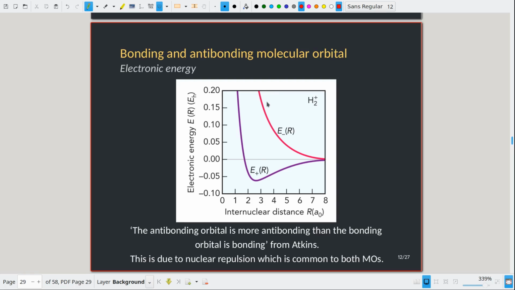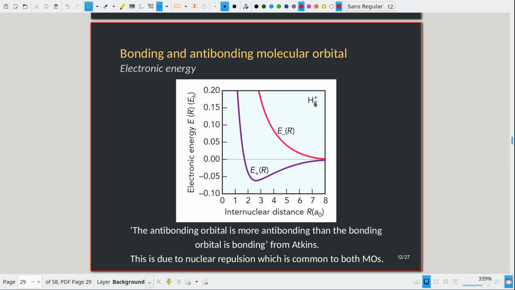But in the case of the antibonding molecular orbital, the electronic energy shows no minimum. So this is always positive and it has no minimum value. This means that the electronic energy in the antibonding molecular orbital of this H2 plus molecule is always trying to push the two nuclei apart. So this creates some sort of unstable conditions.